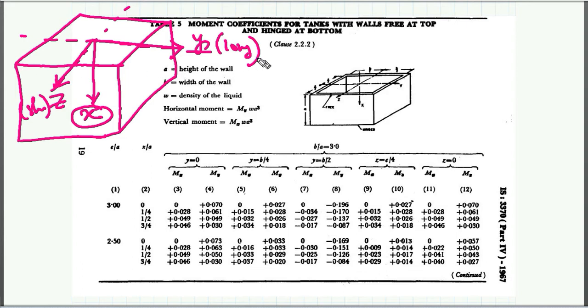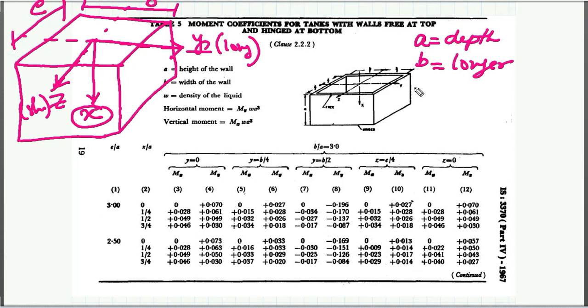And the dimensions of this water tank: the depth is represented by a, the longer side, that is y, is represented by b, and the shorter side is represented by c.